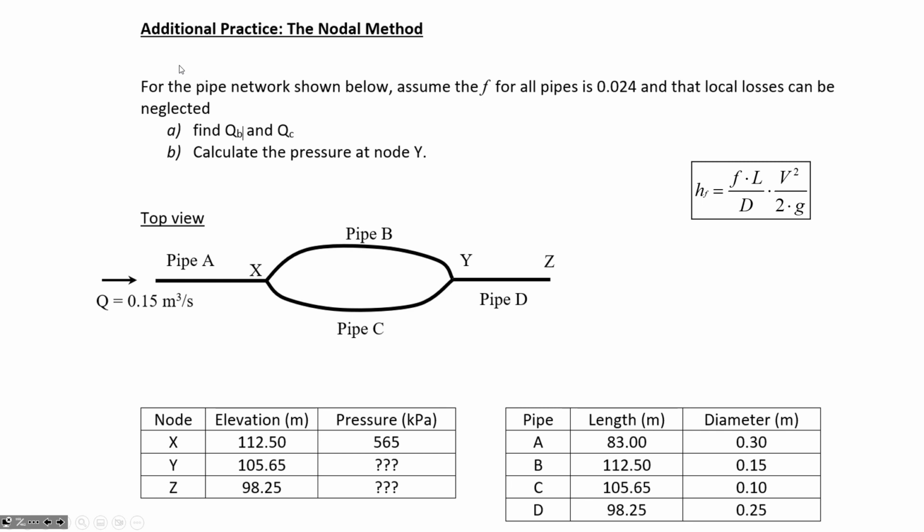So this is just saying have all of that through pipe B equal to f_C times L_C times Q_C squared divided by D_C times 2 times g times A_C squared. So consolidate these so that you've got the B and the C flow rates related to each other, and then with that you wouldn't even have to use this bottom one. You could just substitute it directly into continuity.